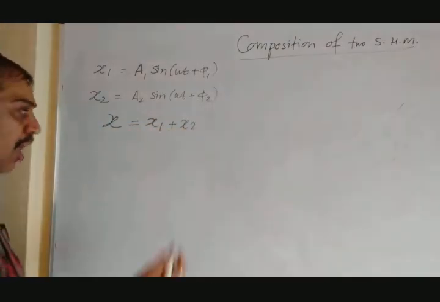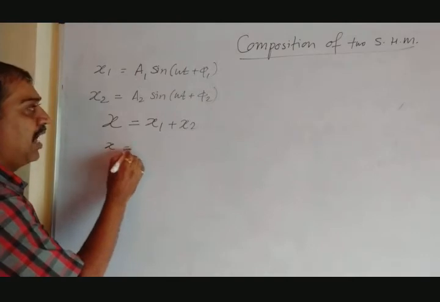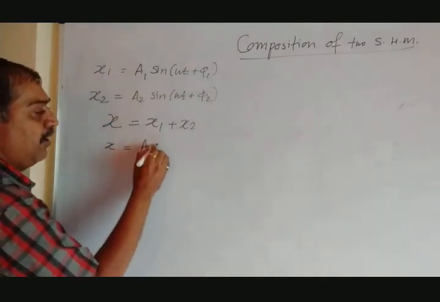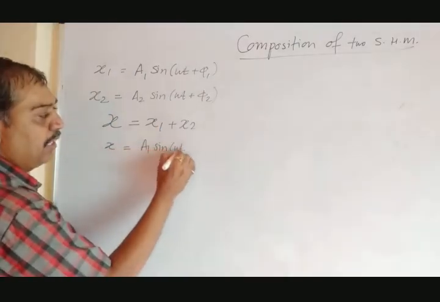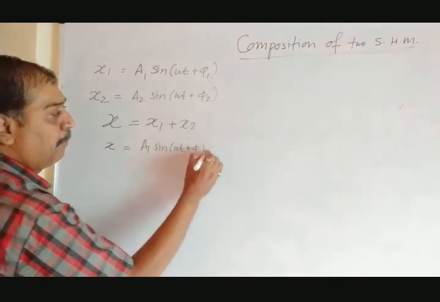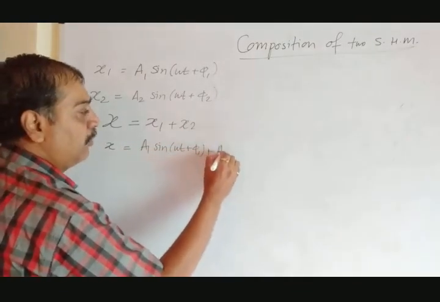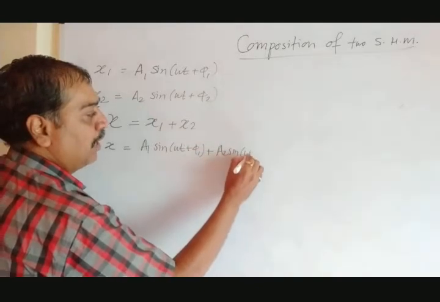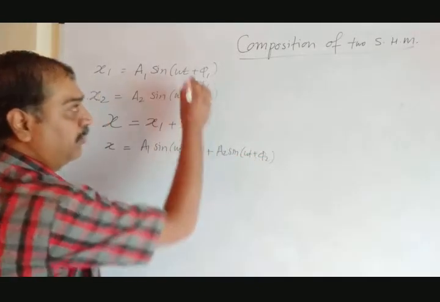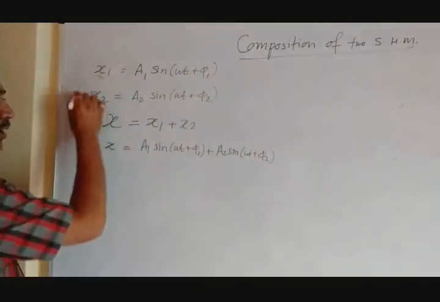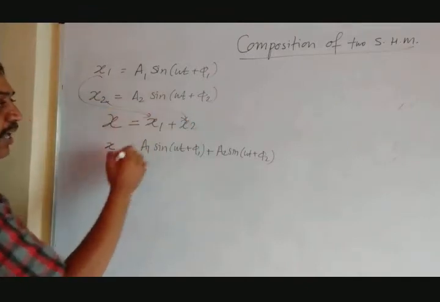Put the values: x equals a1 sine of omega t plus phi 1, plus a2 sine of omega t plus phi 2. I have just put the values of x1 and x2 here and rewritten the equation.